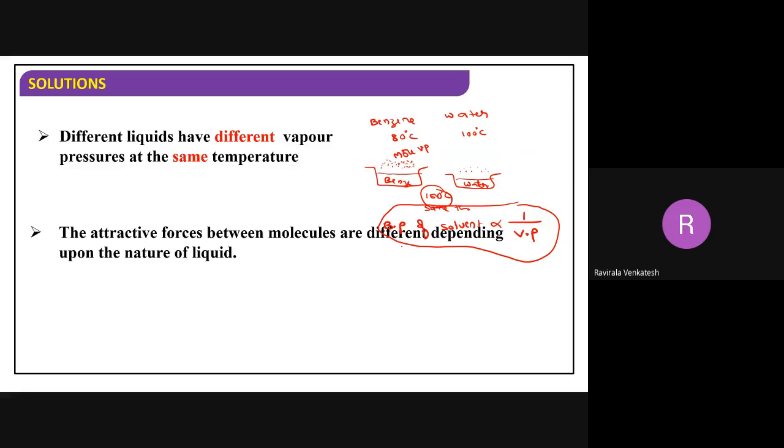Now let me see this reason. The attractive forces between the molecules are different. See here, benzene and water.